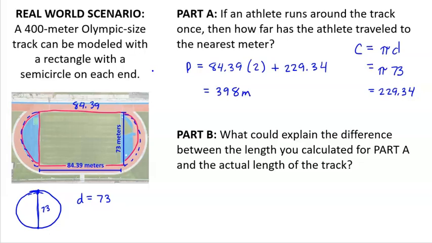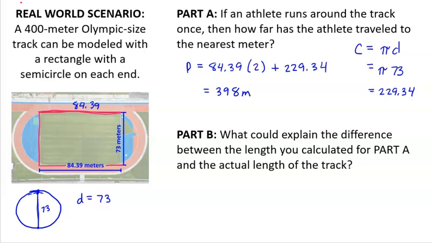And then it says, what could explain the difference between the length that you calculated for part A and the actual length of the track? And so when we're looking at this, this would be the perfect scenario if the person running was literally on the very edge of that grass there.